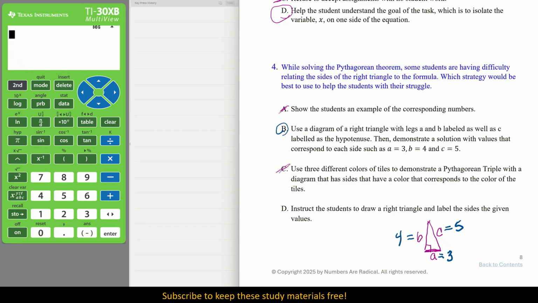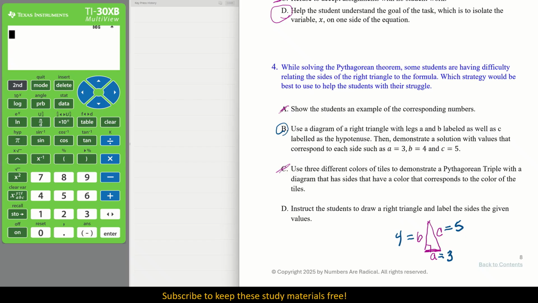Okay, so let's look at D. Instruct the students to draw a right triangle and label the given values. What they mean by that is whatever the formula has for value or the equation given, put that in, but that's not going to help. Put the numbers that they were given on a diagram, kind of like what I have here.